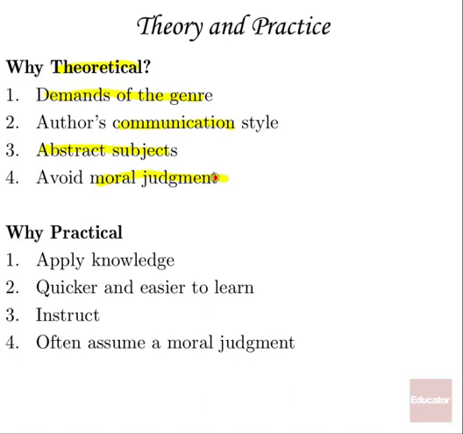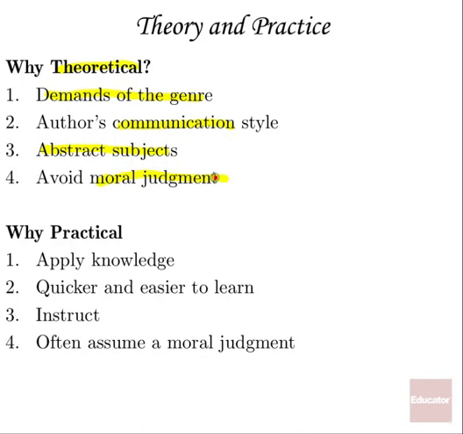Well, somebody who's very theoretical is going to take a step back and avoid moral judgment. They're not going to explain what people should be doing, because that would be practical and moral. So they'll just be theoretical to avoid moral judgment, to really understand what's happening.